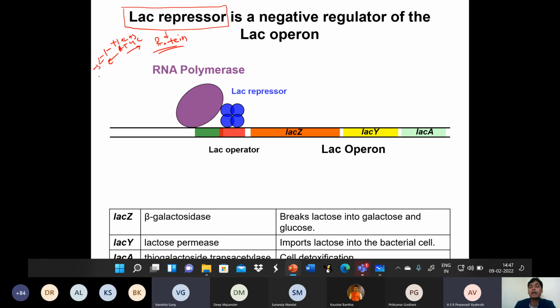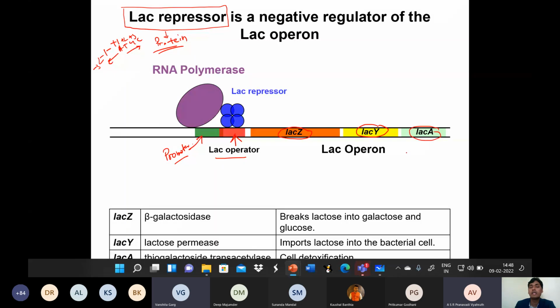So around the -10 position, that is the promoter. But in between this promoter and the start of the gene, that portion is called the lac operator. So this is the promoter and this is the lac operator. Then you have 3 consecutive genes, lacZ, lacY, and lacA.